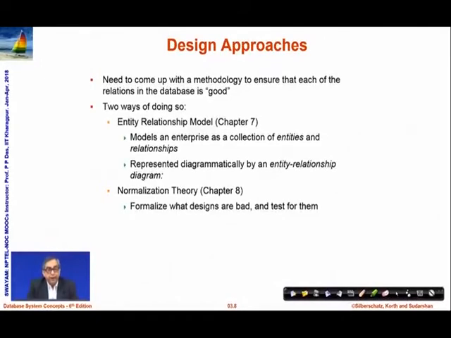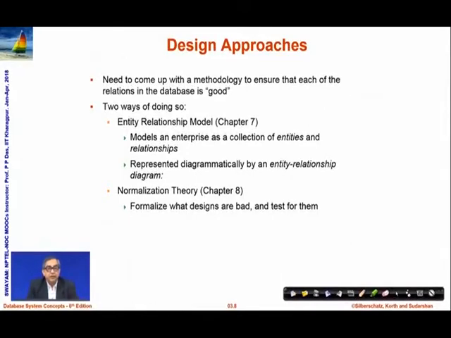We primarily follow two approaches in doing this. One is using the entity relationship model, which models the enterprise as a collection of entities or concepts, or, if you are familiar with object orientation, classes, and the relationships that hold between these entities.